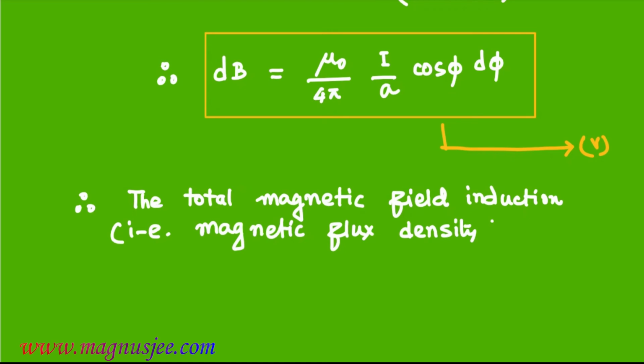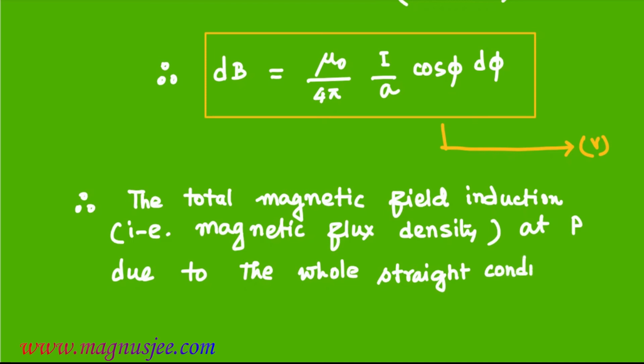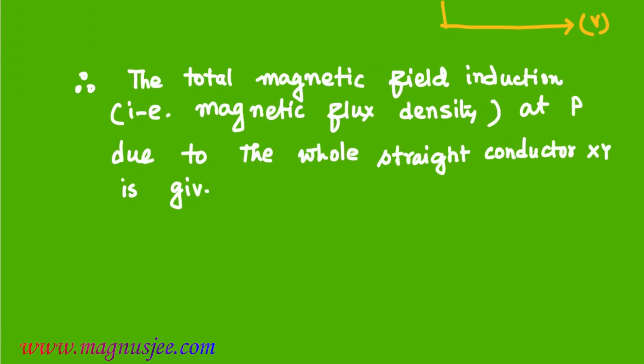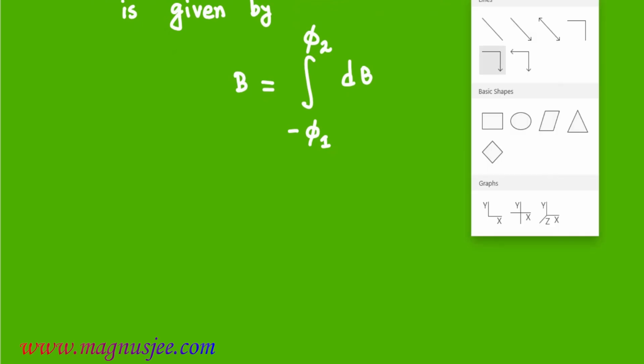Magnetic flux divided by area is known as magnetic flux density, or it is equivalent to magnetic field induction at P due to the whole conductor XY, is given by B equal integration dB from minus φ1 to φ2. Here the important thing is the lower limit is taken as negative, minus φ1, but the upper limit is plus φ2.